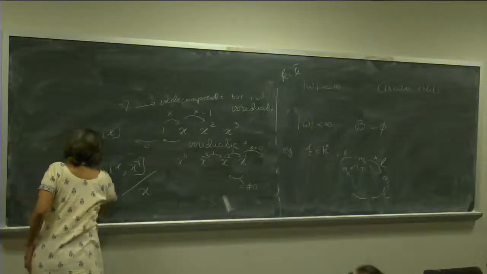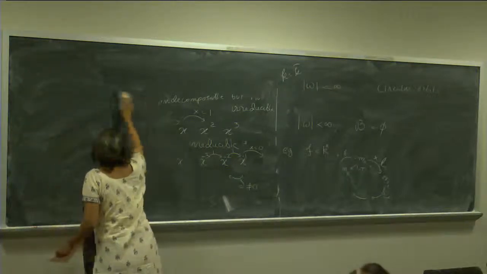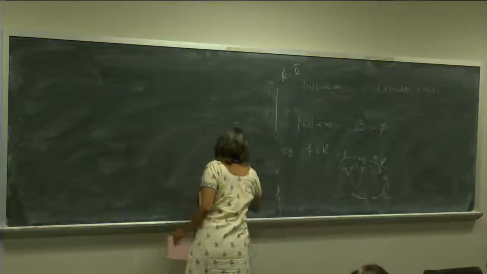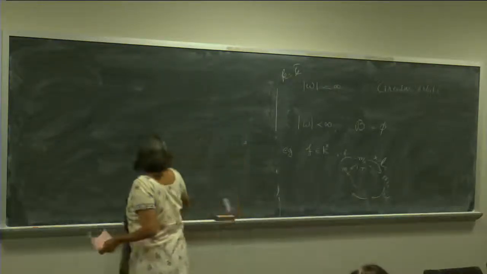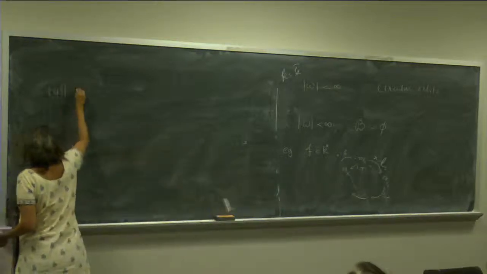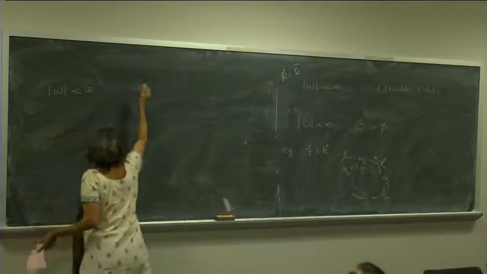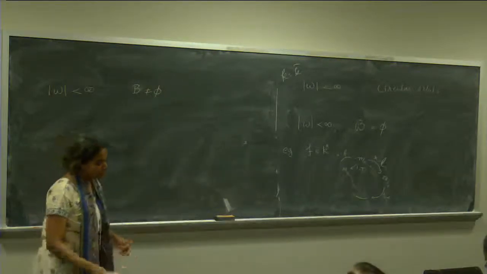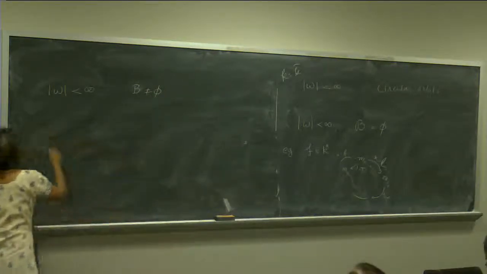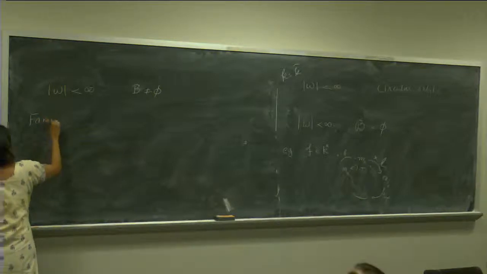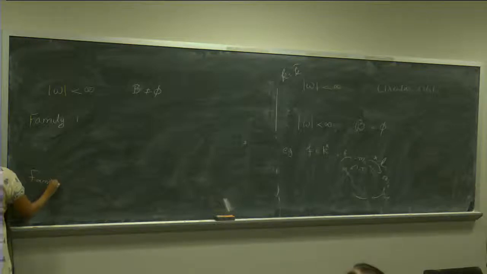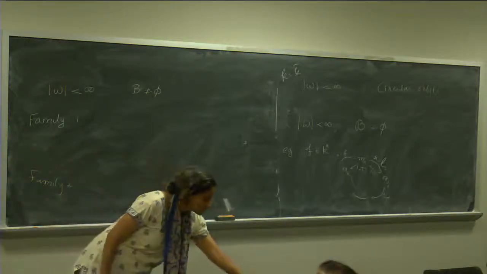And the last case is when you have finite orbit and breaks. There are two families. This is difficult to explain, in the sense it's quite technical.